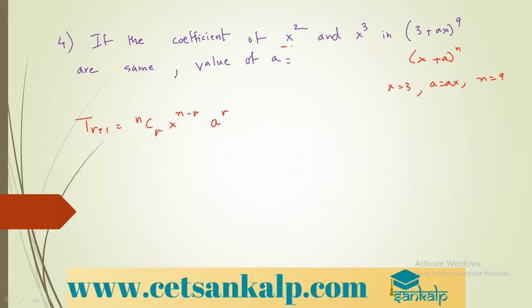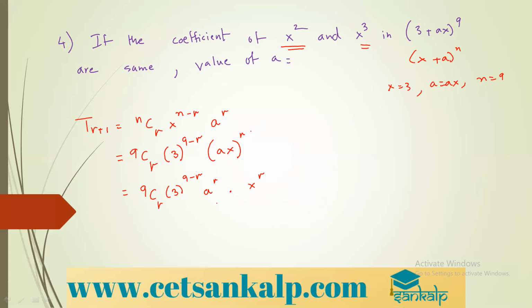I have to find the coefficient of x square and x cube. So what I will do is n I will put 9, r I don't know, x I will put 3, a is ax, power r I don't know. So I take the numbers 9Cr, 3 power 9 minus r and a power r.